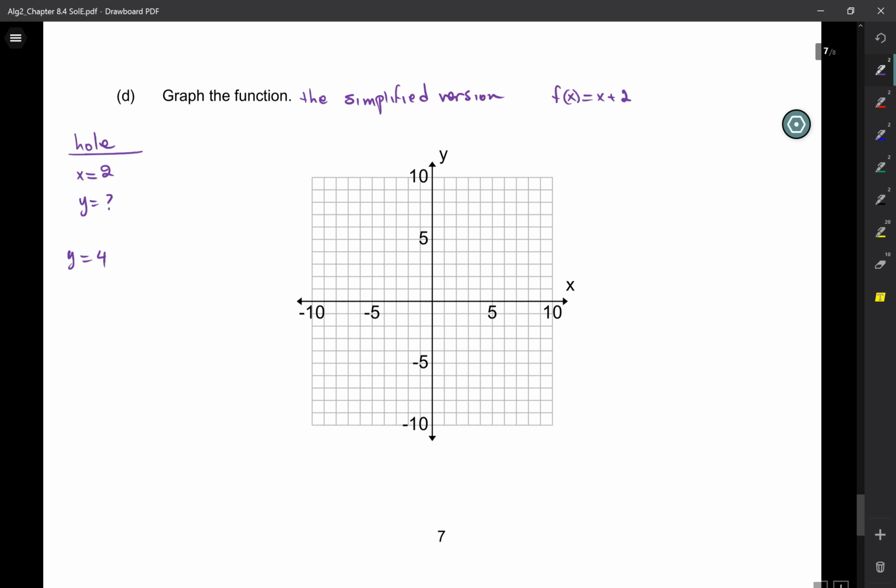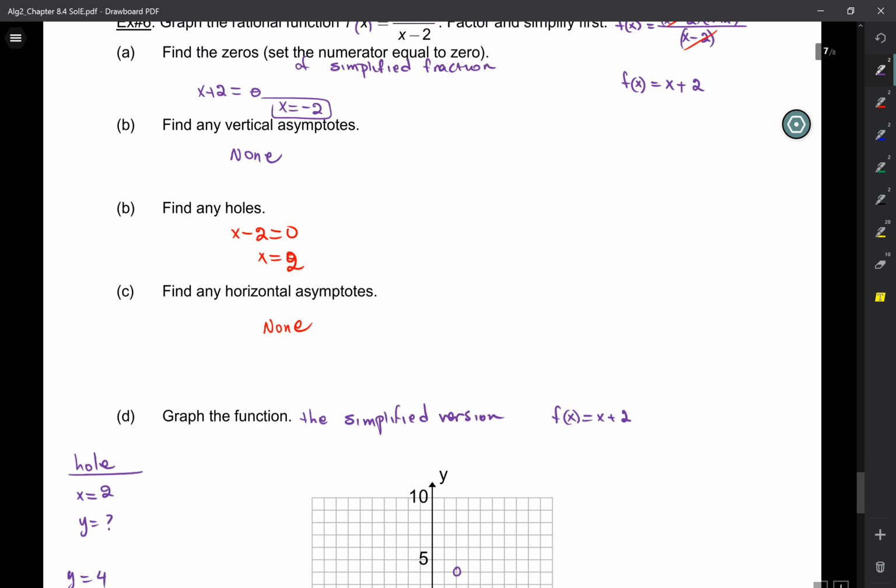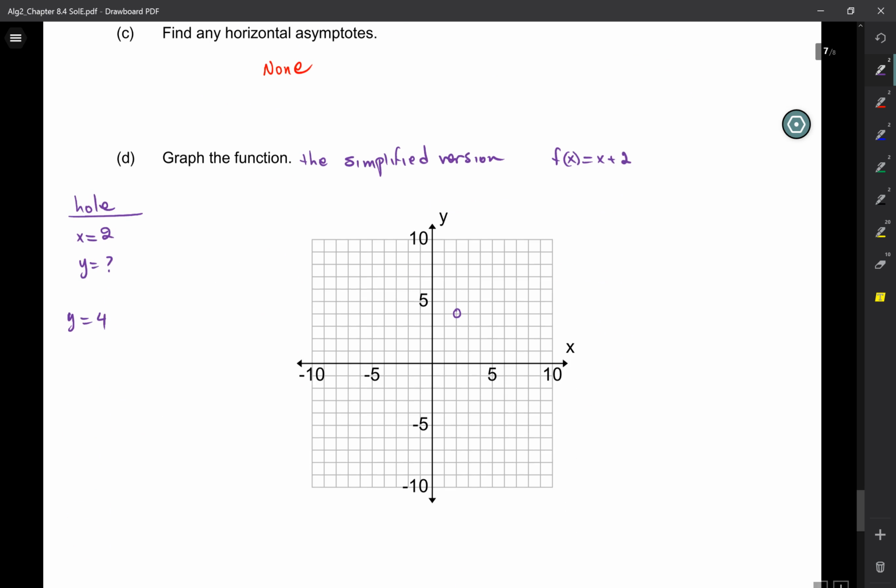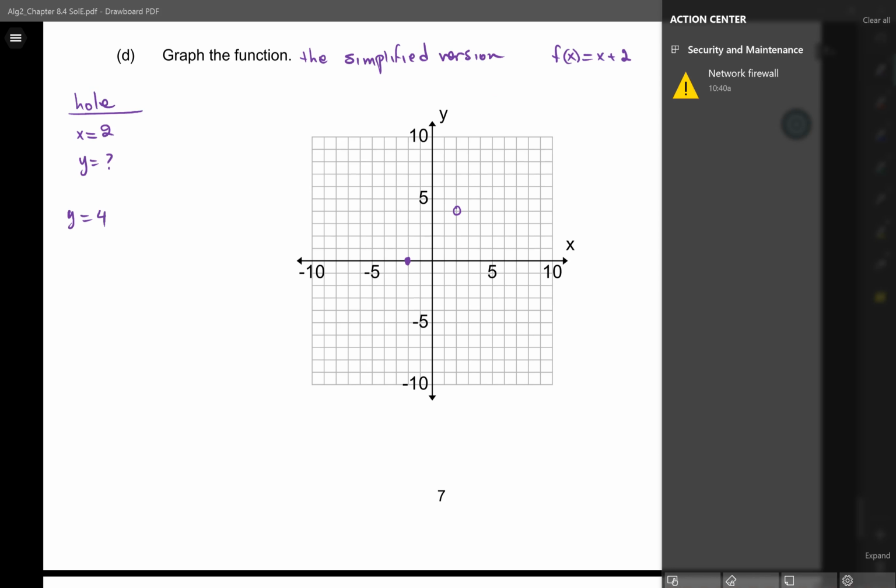Okay? So at x equals 2 and y equals 4, there's a hole. Where is the zero? At negative 2. And this is just a line, so it looks like this.